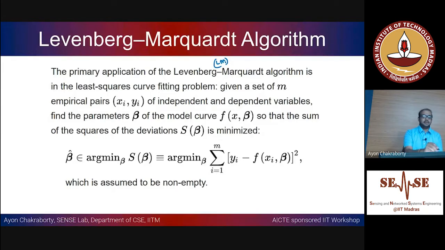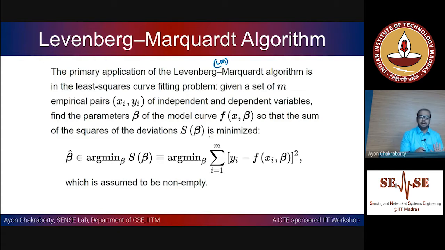The primary application of the LM algorithm is the least square curve fitting problem. Given a set of m empirical pairs x_i, y_i of independent and dependent variables, find the parameters beta of the model curve function f(x, beta), so that the sum of the squares of the deviation is minimized. So that is exactly what we want.